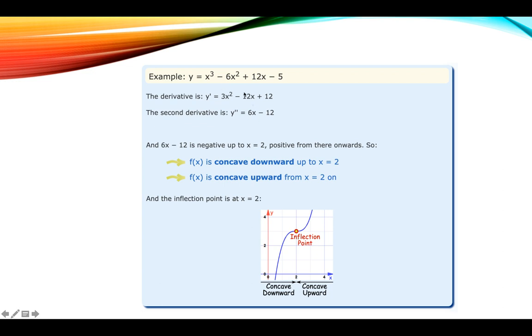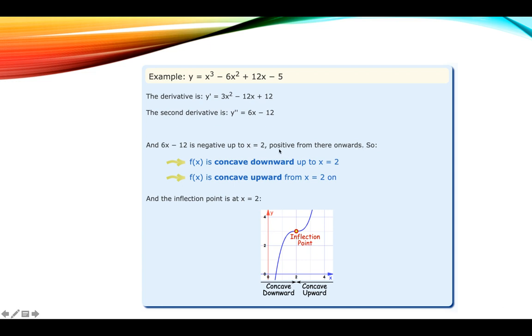So 6x minus 12, and then our constant has a derivative of 0. All right, so let's consider where 6x minus 12 is negative and positive. If we set it equal to 0, we're going to get x equals 2. If you look, it's going to be negative up to x equals 2 and positive after that.